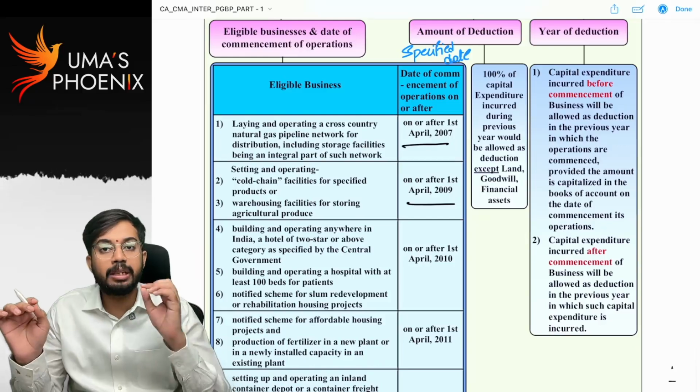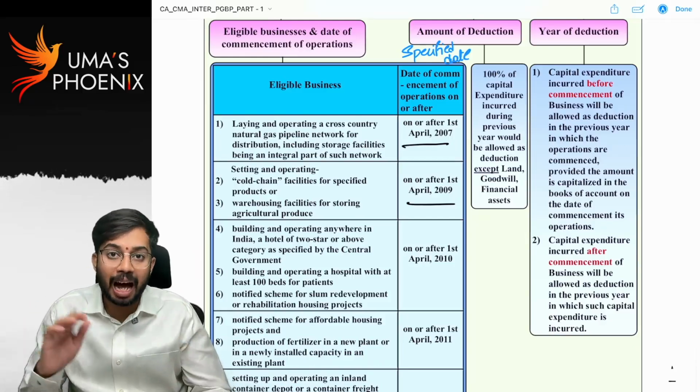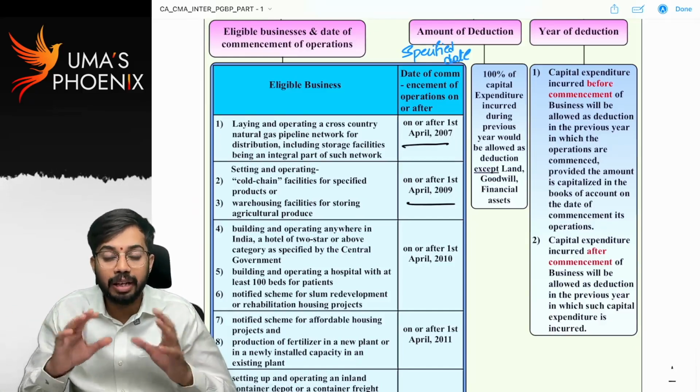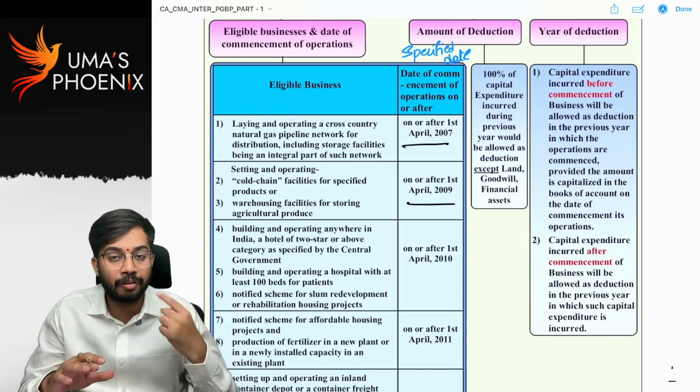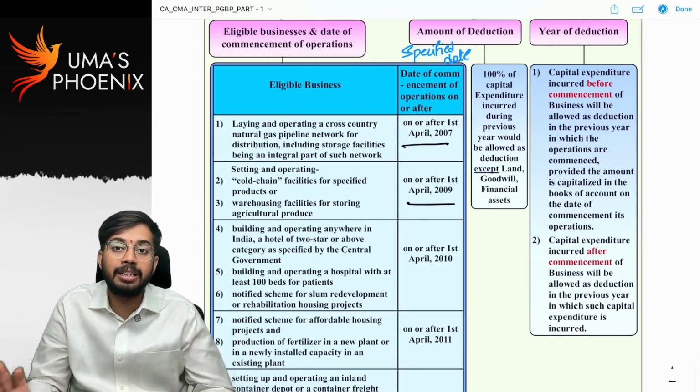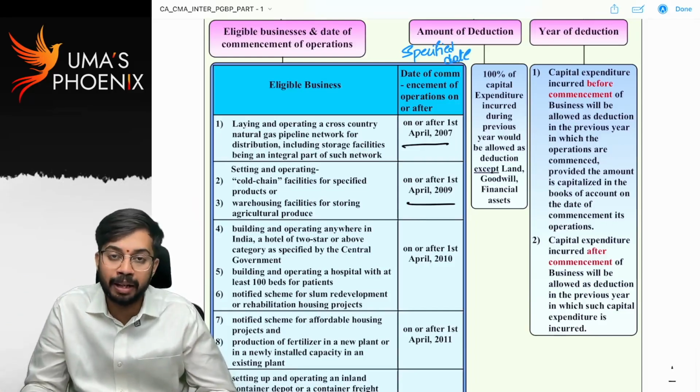So if these specified businesses are started on or after the specified date, then for these specified businesses which have started after the specified date, whatever the revenue expenditure and capital expenditure is there, 100% of the expenditure is allowed as deduction under PGBP head. Just now we have seen scientific research expenditure.